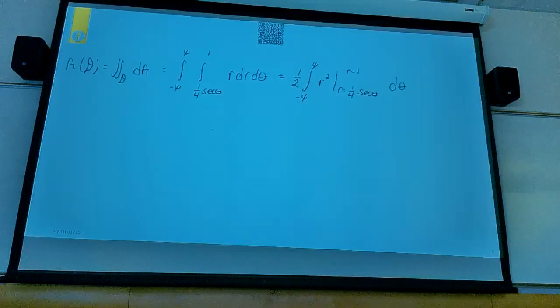R squared over 2 is your antiderivative. You evaluate that from a quarter secant to 1. One minus a 16th secant squared.